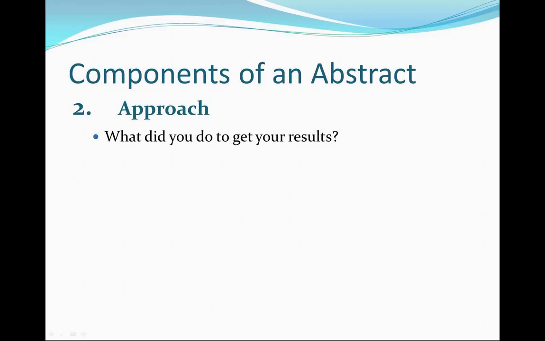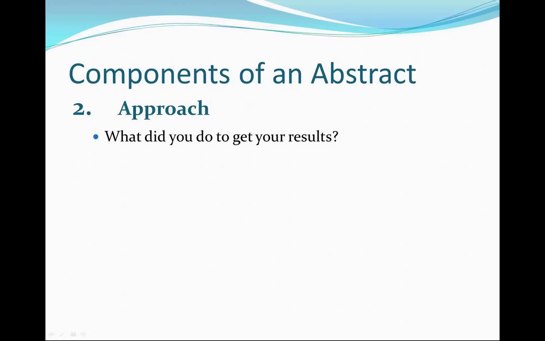The second component is the approach. This is where you explain what you did to get your results. There's a wide variety of things that people do here. You might have a technical presentation where you actually did some sampling and testing, or you may have just evaluated some different concepts.